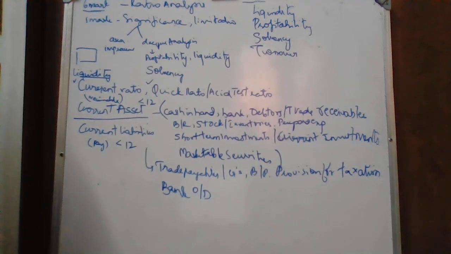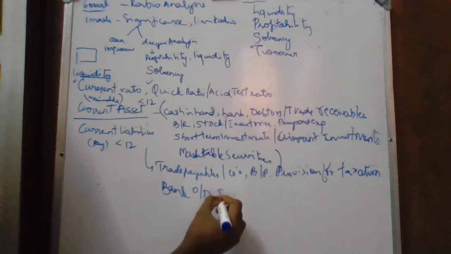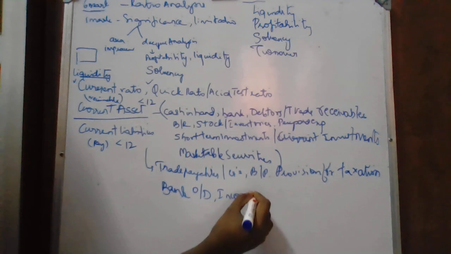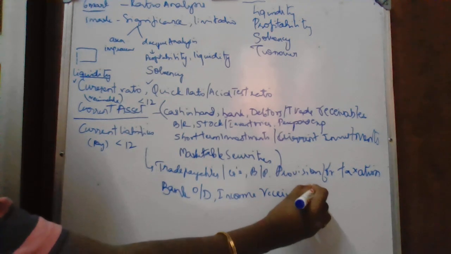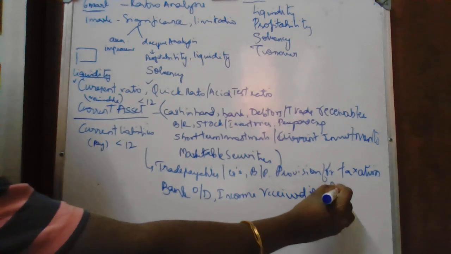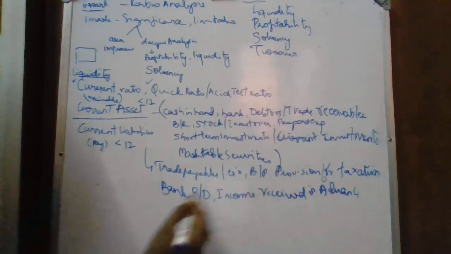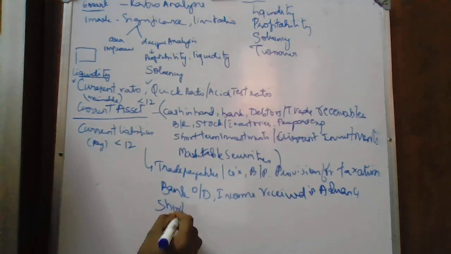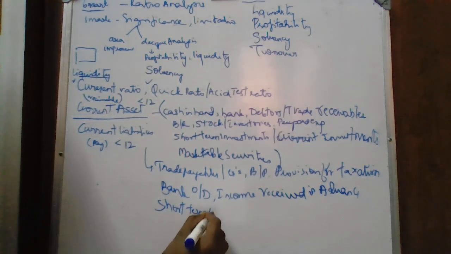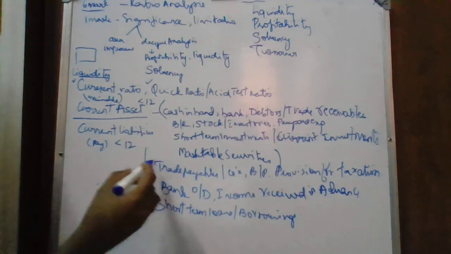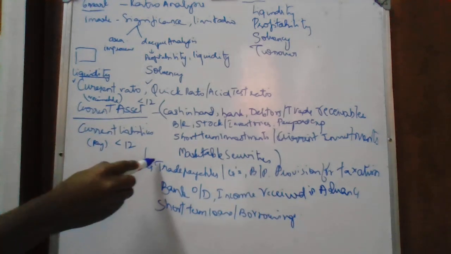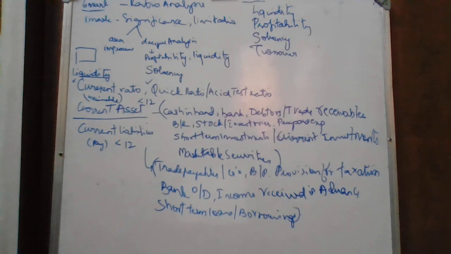Then short-term loans, income received in advance, short-term loans or borrowings, short-term borrowings. Current liabilities, you have these items.